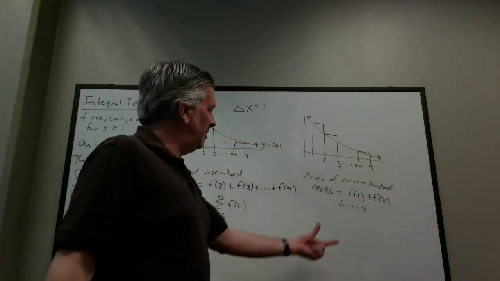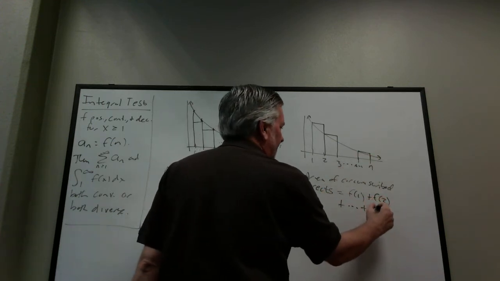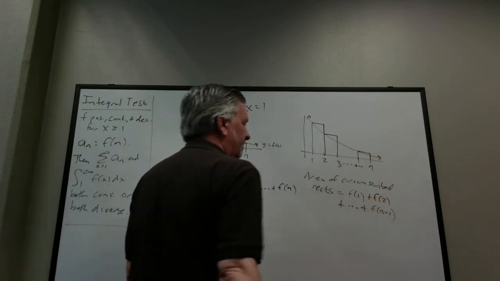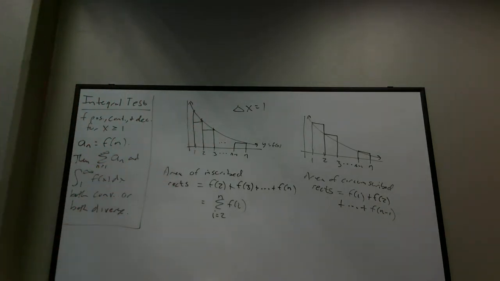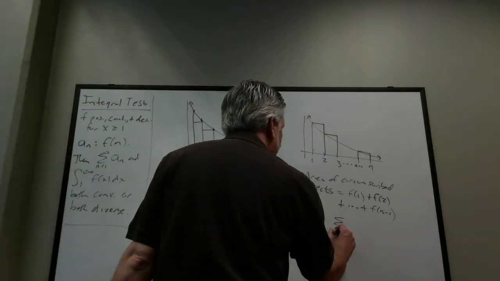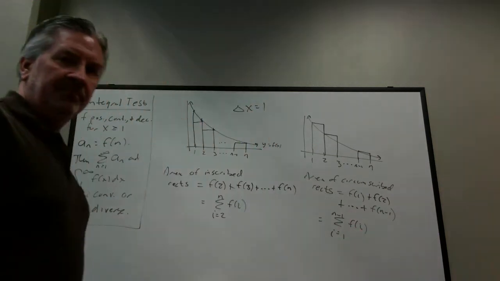You keep going, and we get to the last rectangle here. The base is 1, the height is f of n minus 1. So we have the area of the inscribed rectangles and the area of the circumscribed rectangles. In summation notation, this is the sum i equals 1 to n minus 1 of f of i. So that's where we are.